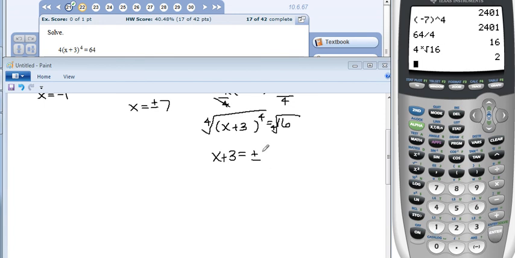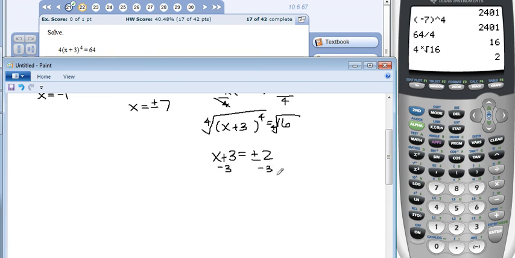So we have plus and minus 2. Now I'm going to subtract my 3 across, and I've got plus or minus 2 minus 3. So then I split. I've got -2 minus 3, and I've got 2 minus 3. This is a -5, and this is a -1.